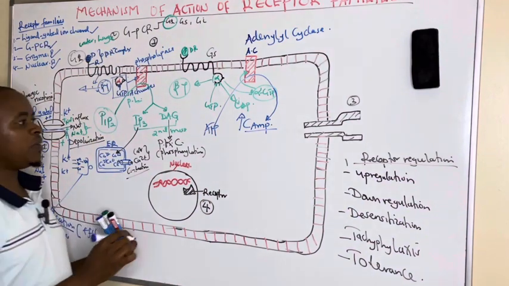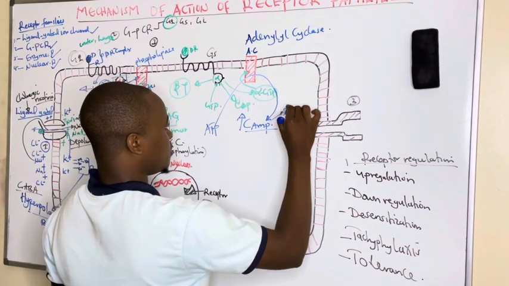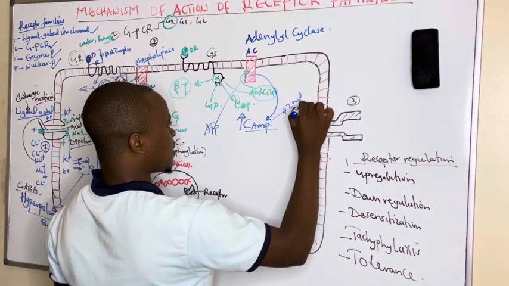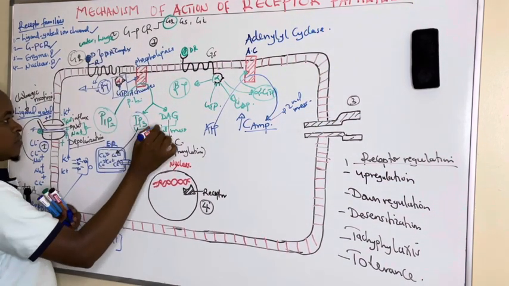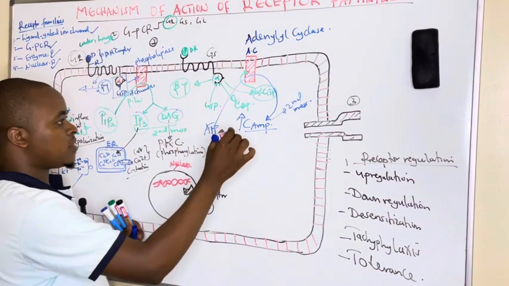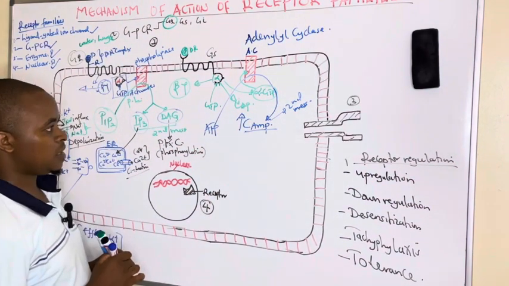This cAMP level is also a second messenger. So this is the third second messenger. The first second messenger was IP3, the second one is DAG, the third one is cyclic AMP.